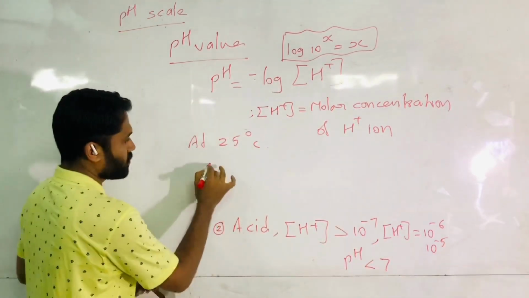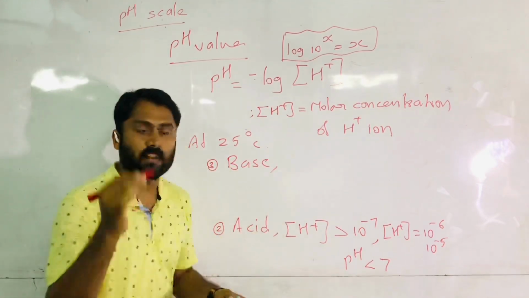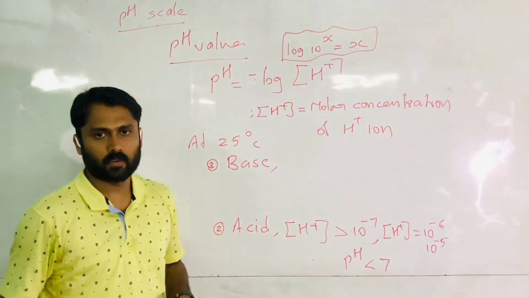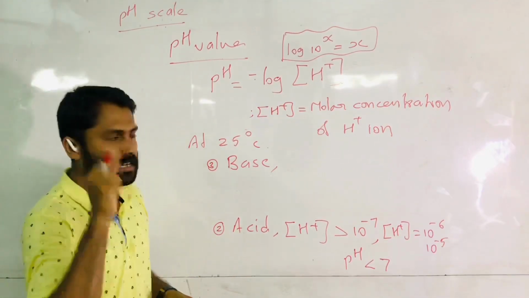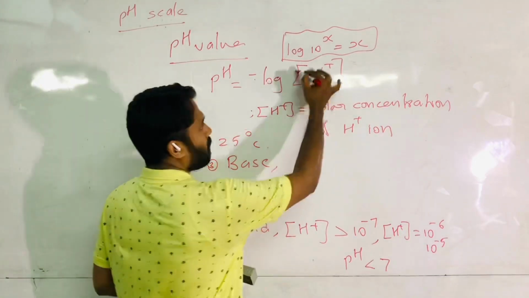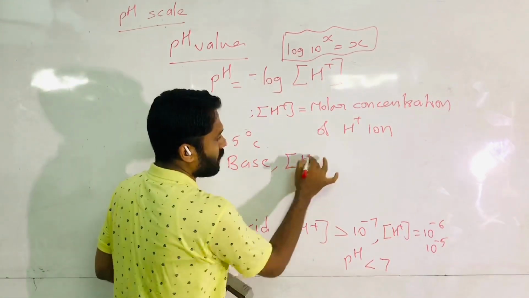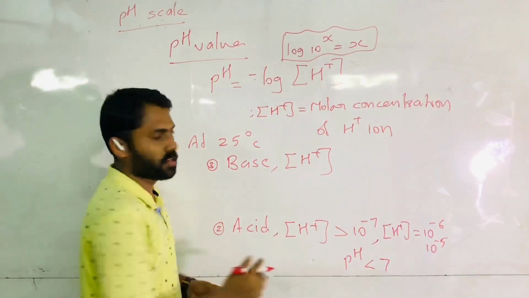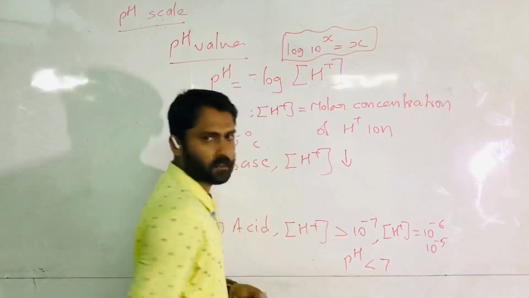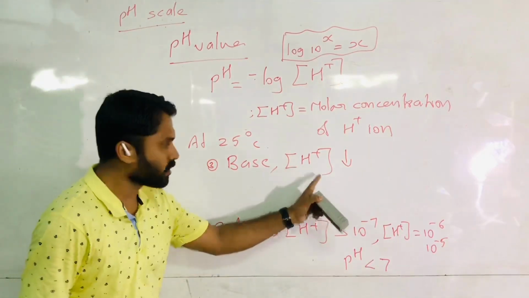What about base? Base generates OH minus ion. So if any base is dissolved in water, that OH minus ion combines with H plus in water. So the concentration of H plus in water increases or decreases? It will decrease. OH minus in base combines with H plus in water. So concentration of H plus decreases.